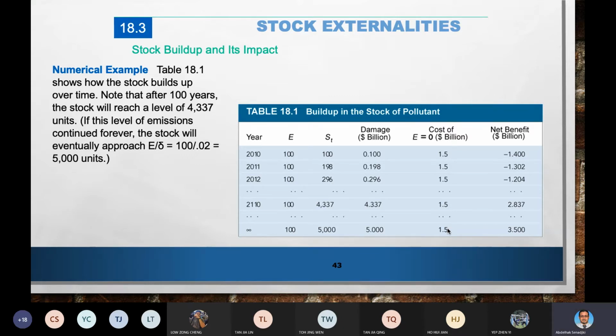This tells you, as a policymaker, that at the beginning you should not worry that you are losing money. The cost is more than the benefit, but after 5 or 10 years it becomes the opposite, and if it goes to infinity, you are actually going to gain money.